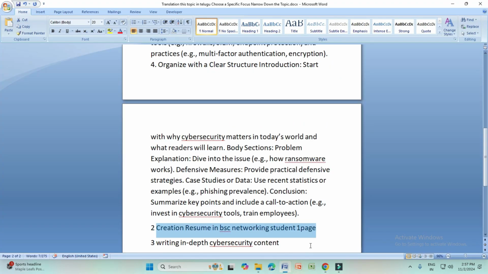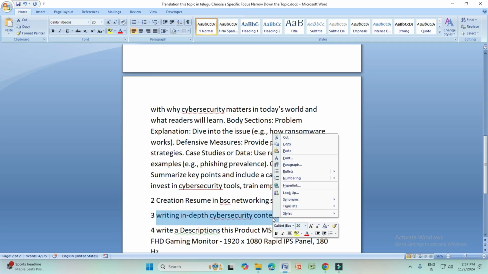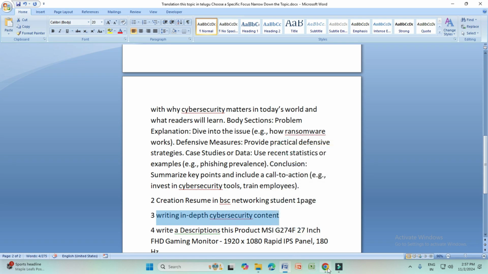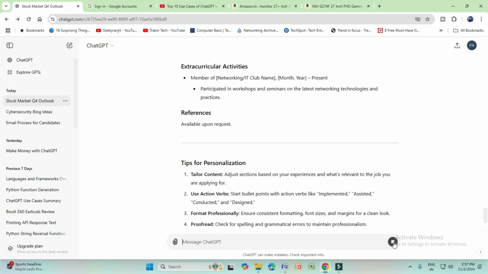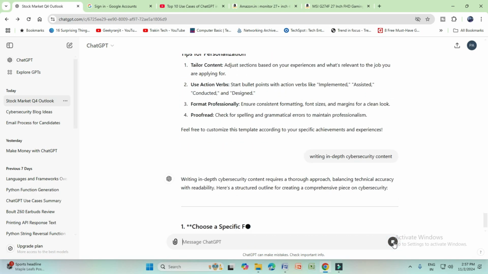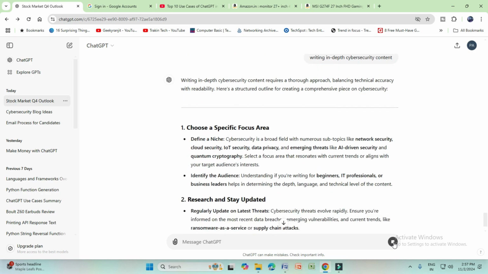Another method to earn money with ChatGPT is writing in-depth content on cyber security topics. You observe this. I type this one. After that, upload it and ChatGPT prepares this content writing.